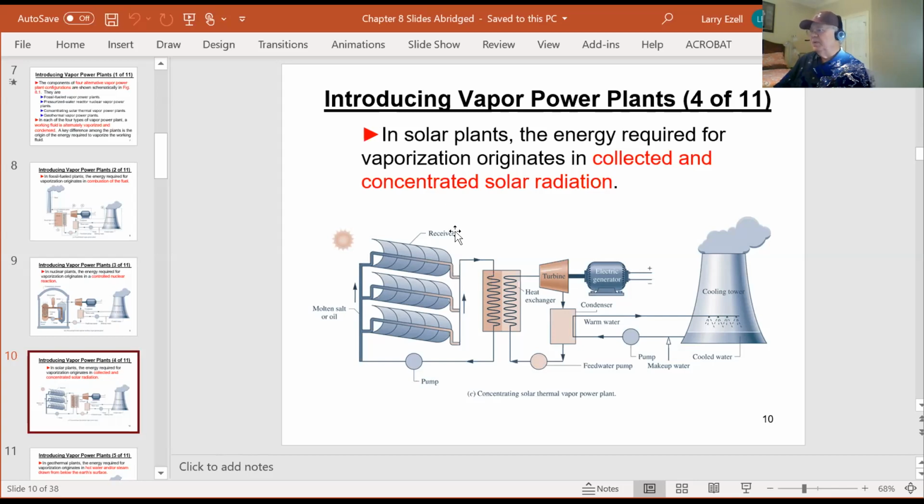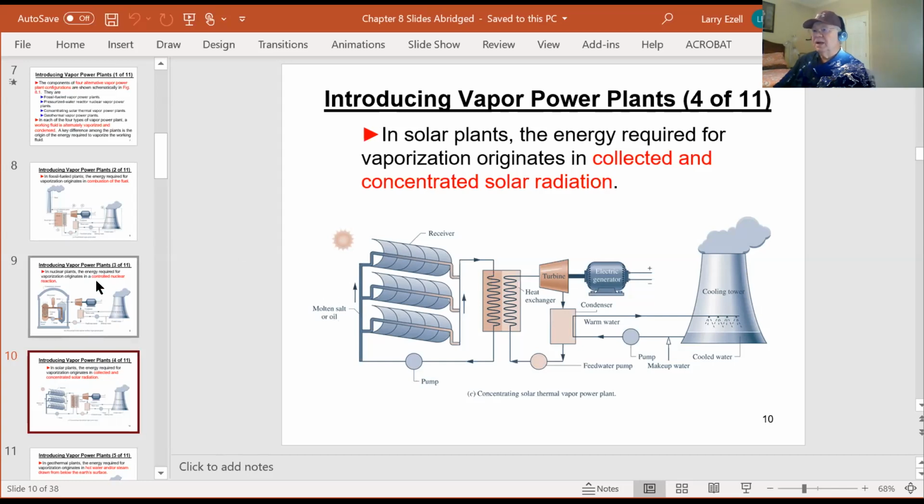I had a friend who got her PhD in mechanical engineering at Mississippi State, a very smart lady named Emily Spade, S-P-A-Y-D-E. She did her PhD dissertation on using a solar collector here to provide the heat for a Rankine cycle. You take in the energy from the sun and collect the heat through these solar collectors and apply it to a molten salt.